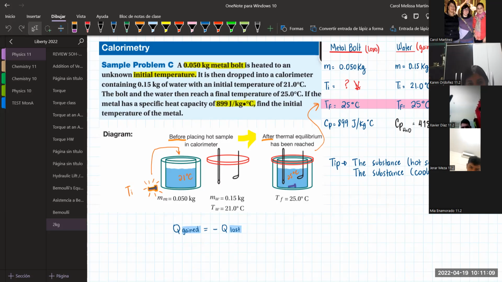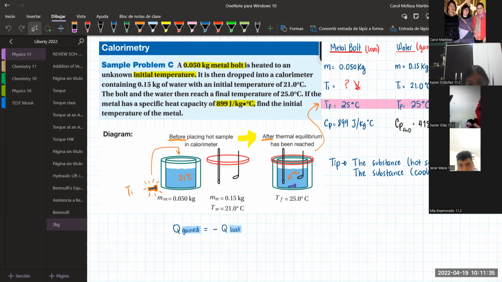What is the substance that is heated? The metal bolt or the water? The metal bolt. It says the metal bolt is heated. That means that this object, the metal bolt, is the hot sample. Therefore, the metal bolt is the one that is losing.